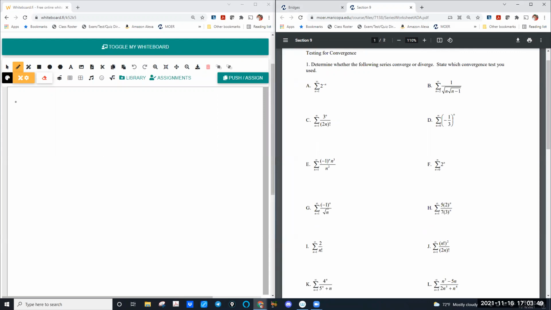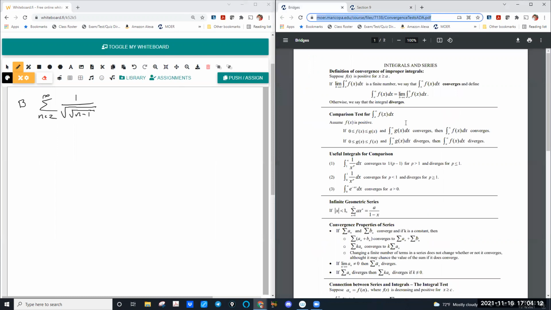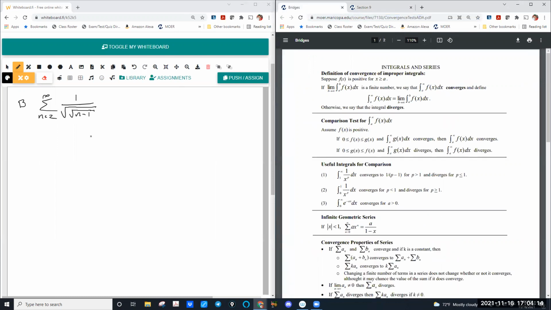So in 1B, which is the series from n equals 2 to infinity of 1 over the square root of n times the square root of n minus 1. All right, and like I said, you're going to have this sheet for the exam, so I want you to get practice using it.